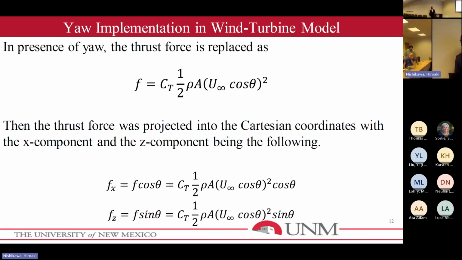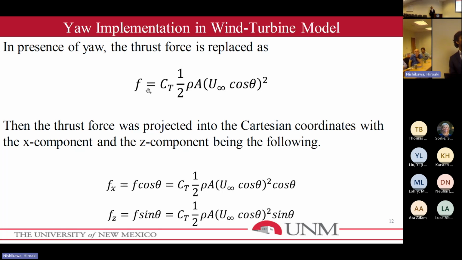Since we're going to study wind farm cases with yawing, yawing is just when you rotate the turbine in particular directions, and it helps to shift or redirect the wake so that we can get better power output from the wind turbine. So we implemented the yaw implementation in the solver.